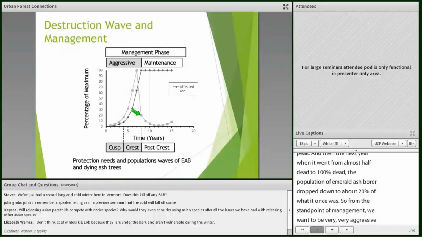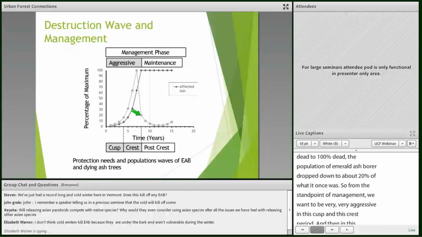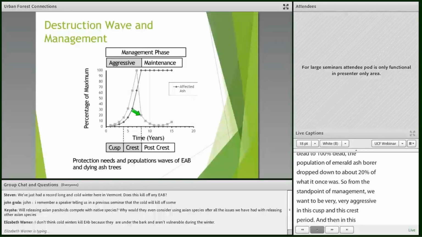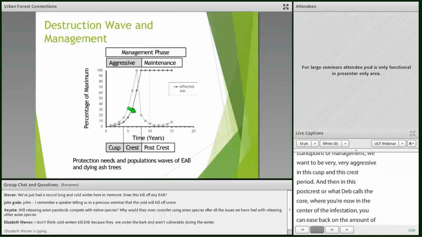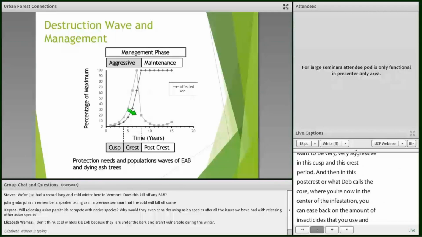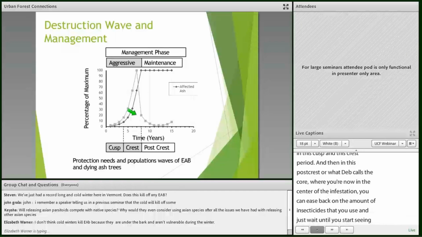And then in this post-crest, or what Deb calls the core, where you are now in the center of the infestation, you can ease back on the amount of insecticides you use, and just wait until you start seeing early symptoms, and then periodically treat them with applications of insecticides.